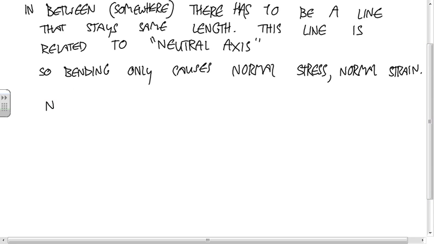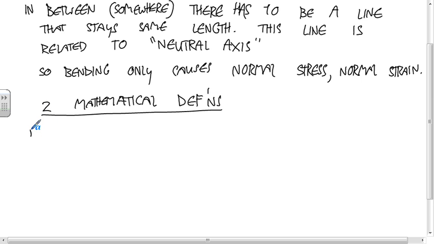Okay, so before we can go into how to calculate the stress, I'm going to give two sort of mathematical definitions that this is going to be based on.